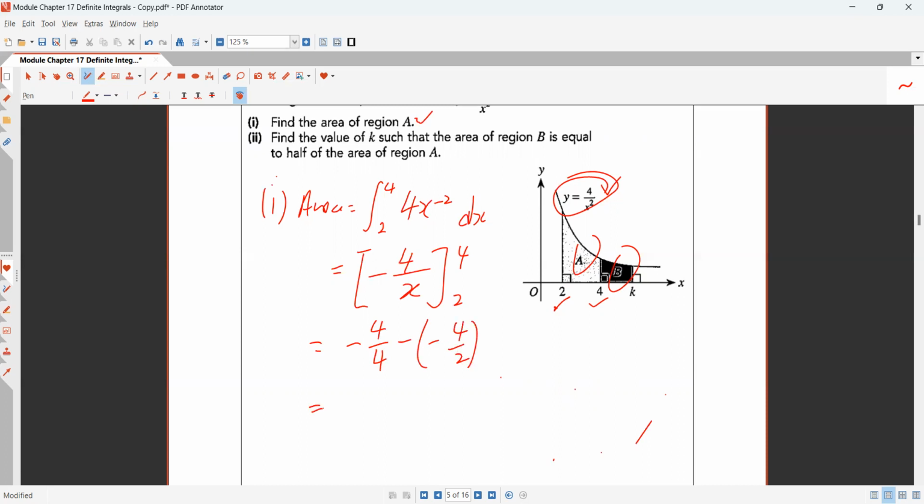So what is your final answer? Negative 1 plus 2. So what do you get? 1. So 1 unit squared. So this will be the area under the curve and the x-axis, which is for A. So the area for A is only 1 unit.